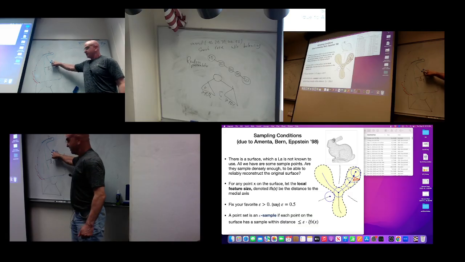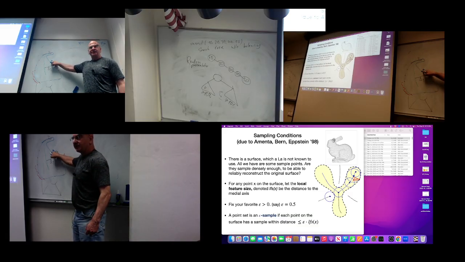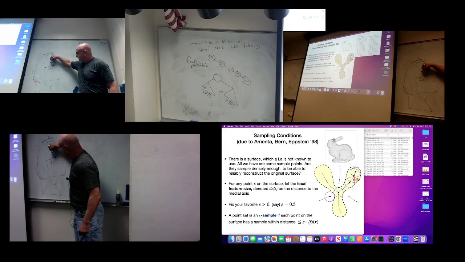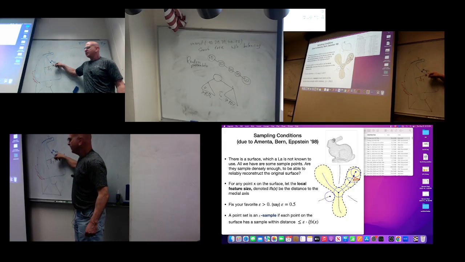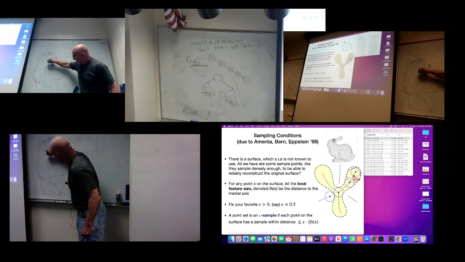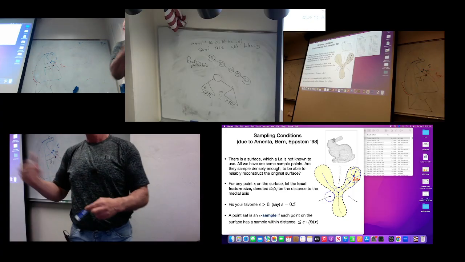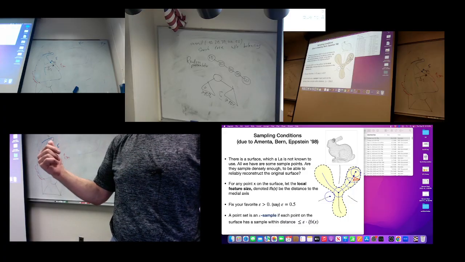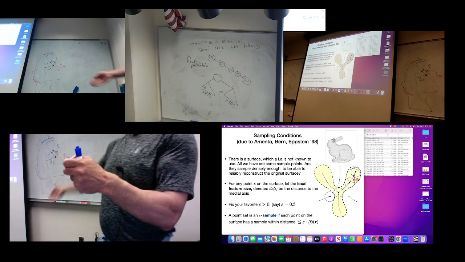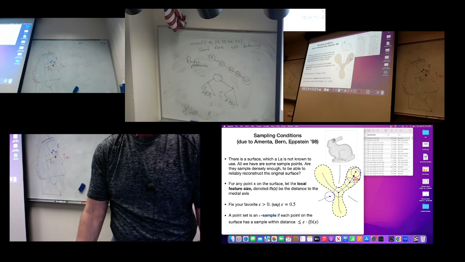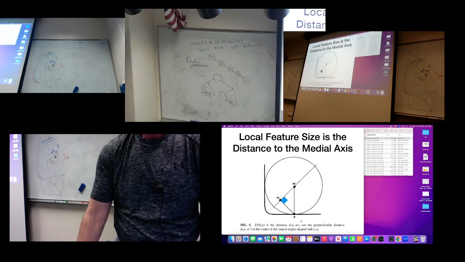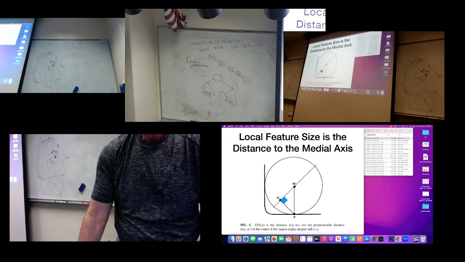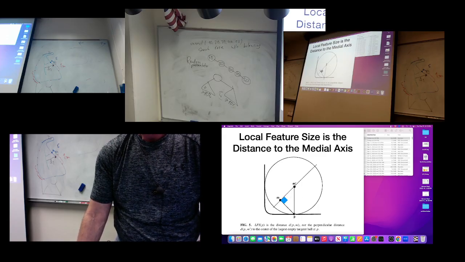Q is not necessarily a sampled point, but it should be close enough, no more than epsilon times the local feature size, so that you find a sampled point. Don't walk a big distance on the shape without having a sample point, but big distance now depends on the local feature size.